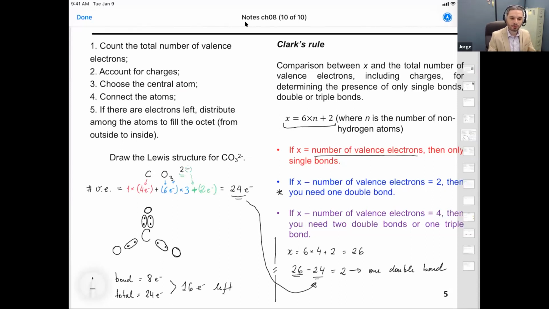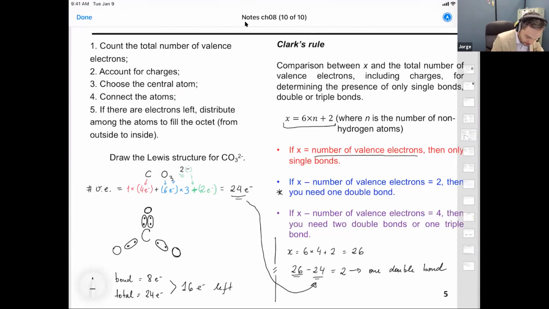So we have to do something with those electrons that are left. And what we are going to do is distribute them among the atoms to complete the octet. We always start with the atoms from the outside of the structure and move towards the central atom if there are electrons left.